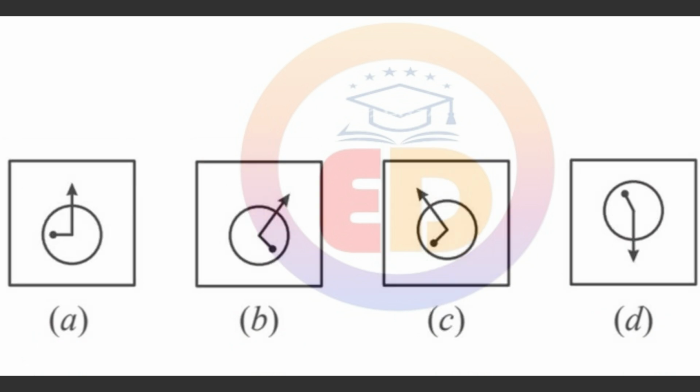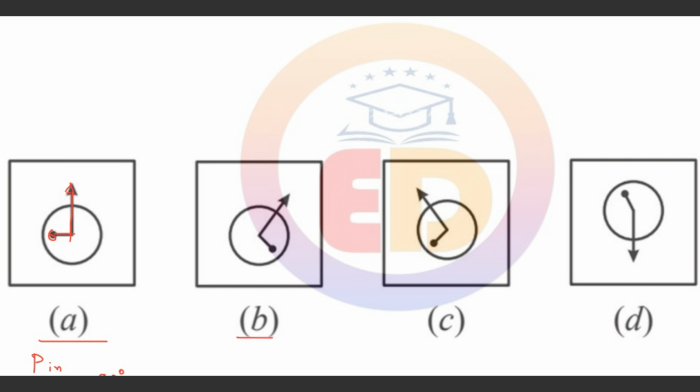In this question, in the first figure, there is a pin shape element and then there is an arrow shape element. And we can see that between the pin shape and arrow shape element, they form a 90 degree right angle.